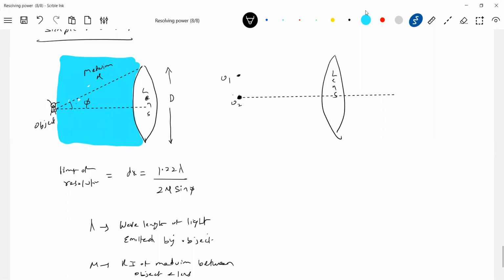The separation between them is like a dx dash. When this particular lens can resolve it, when dx is less than dx dash, so dx depends upon the lens, it depends upon the mu and the angle subtended, all that.